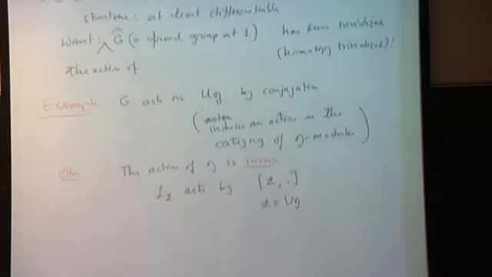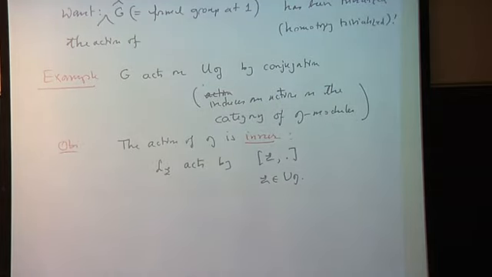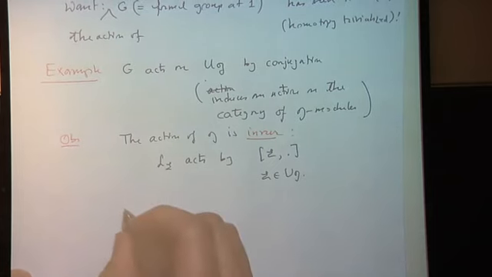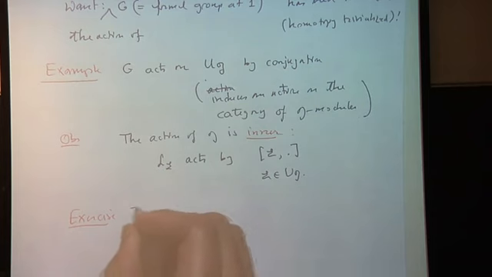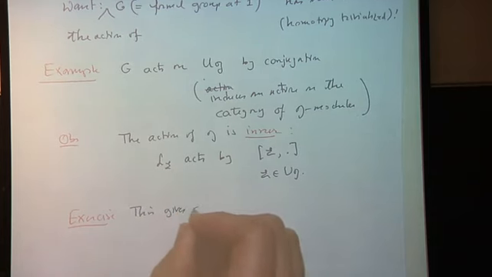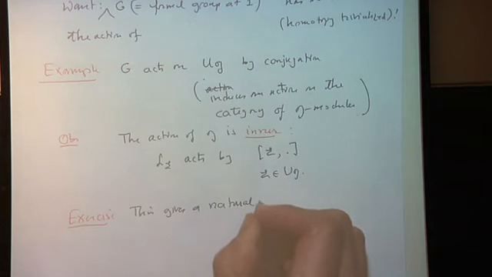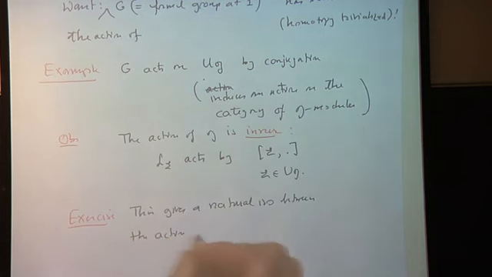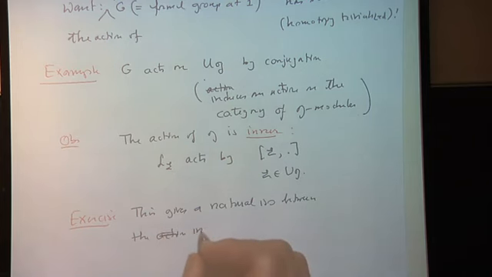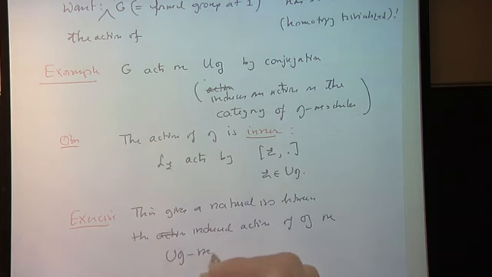So that will give, how should I say that? Exercise. This gives a natural isomorphism between the induced action of G on U of G modules, and the trivial action.